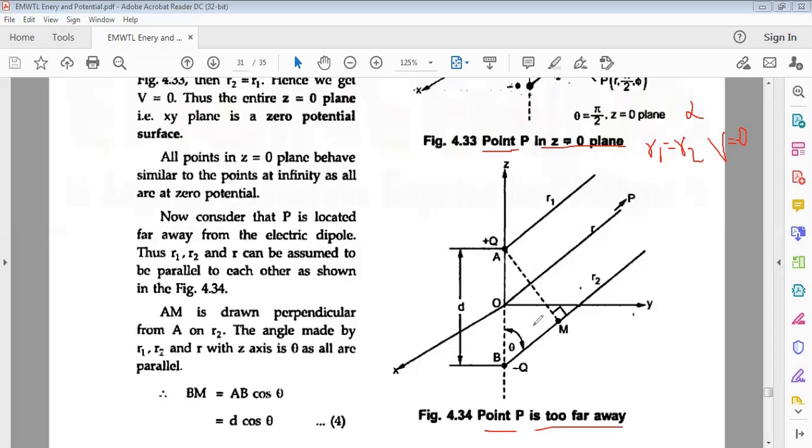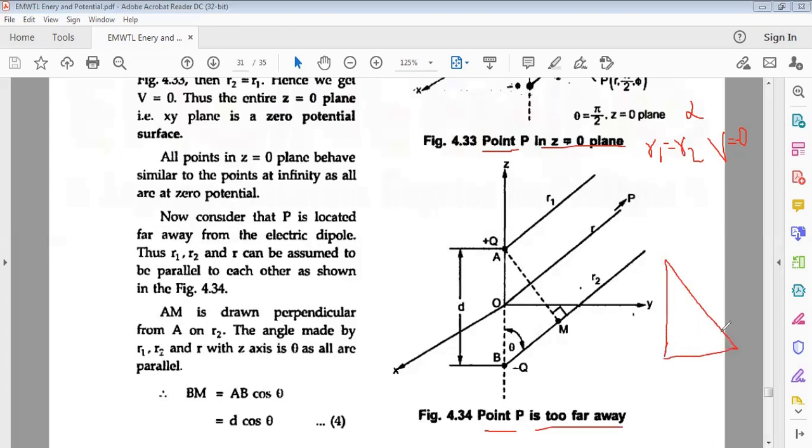What is a right angle triangle? Here we can consider theta. The adjacent side is BM, and AB is the hypotenuse. So like this, we get a right angle triangle.